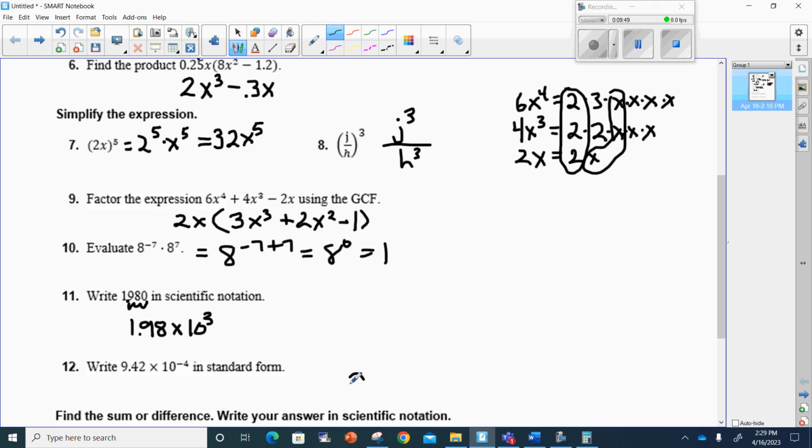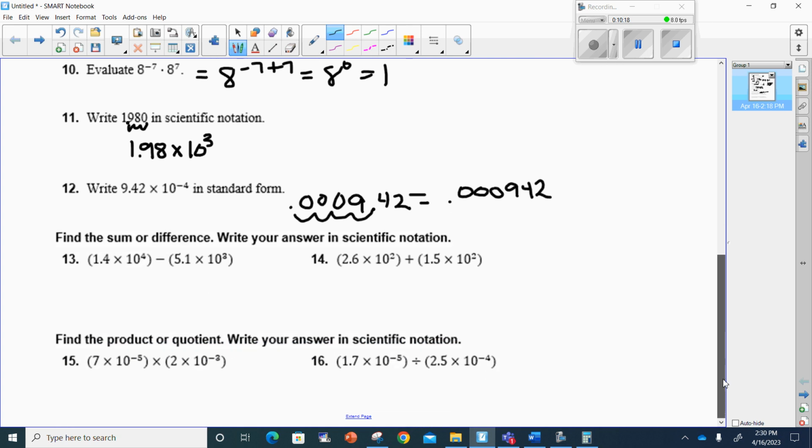This would be 9.42. So we move this back 4, 1, 2, 3, 4. For every time I have a space there, I have to put a 0. So my answer is going to be equal to 0.000942.